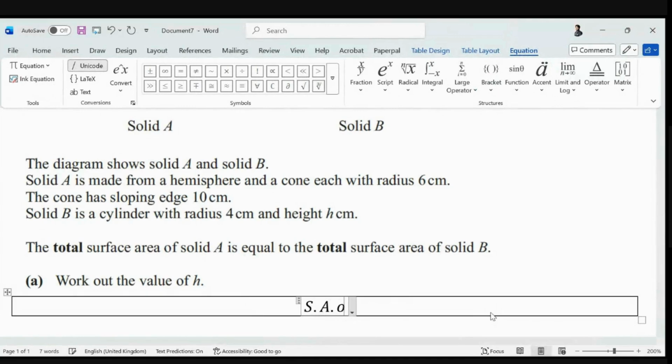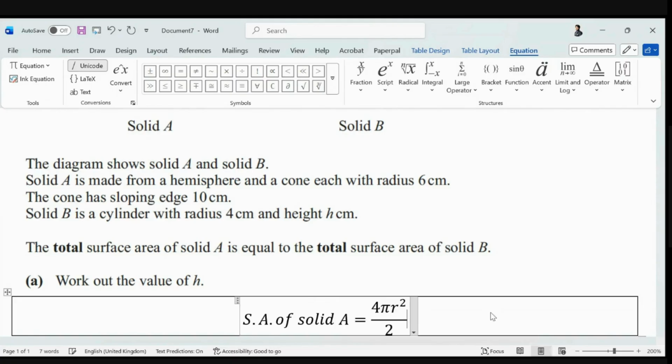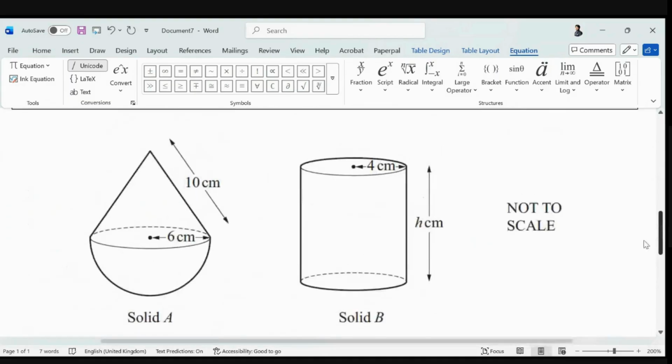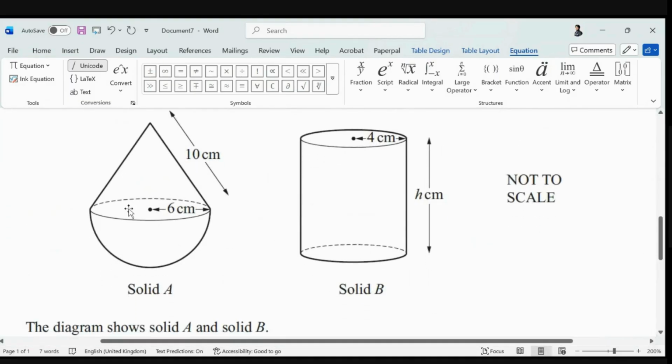So the surface area of solid A has two surfaces. One of them is the hemisphere. We know the surface area of the sphere is 4 pi r square. It will be provided. Let's simply divide that by 2 to get the curved surface area of the hemisphere, plus the curved surface area of the cone, which is pi r l. This will also be provided, so don't worry about it, but you must know r is the radius and l is the slant length.